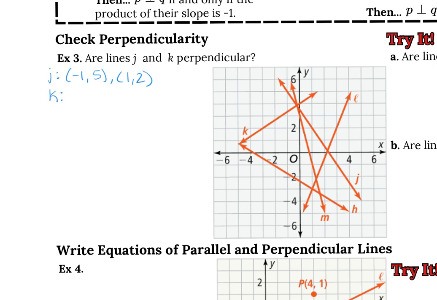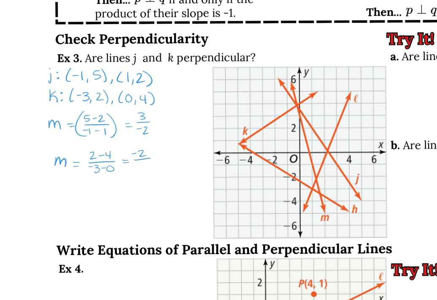K is -3, 2, and 0, 4. I'll find my slope for J. Then find my slope for K. Okay, so my two slopes, I have -3/2 and a +2/3.